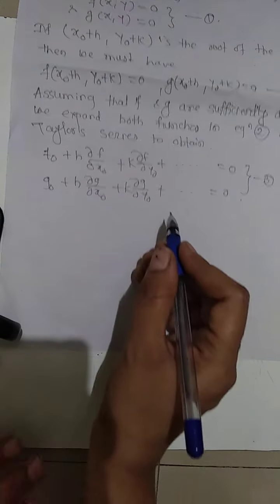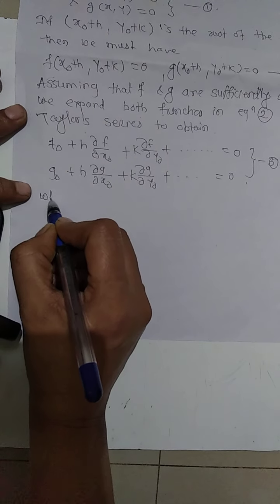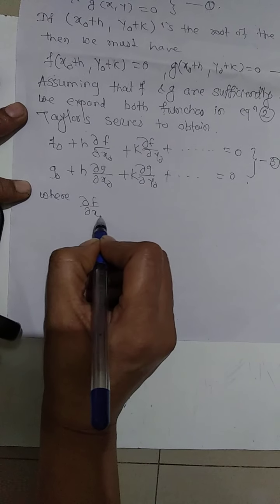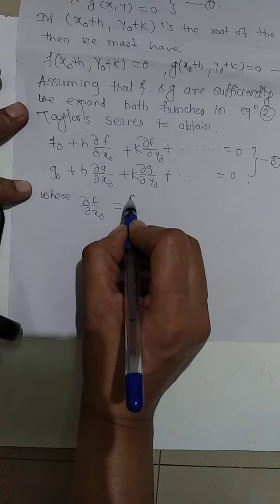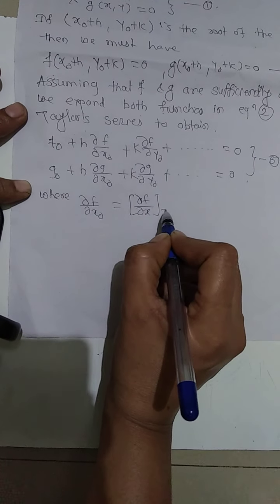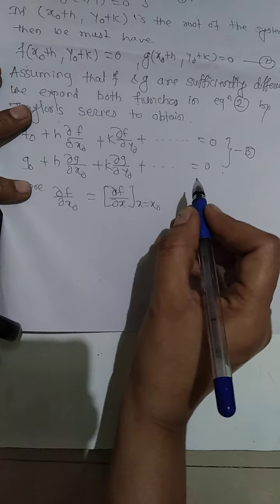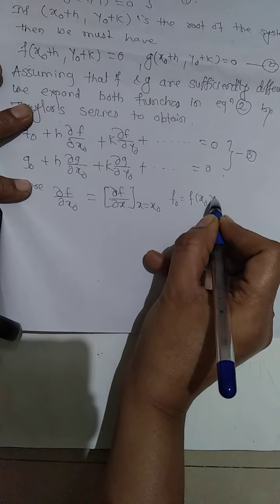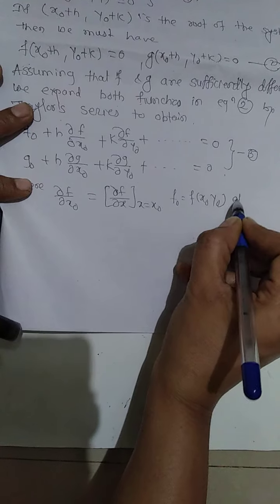Where del f upon del x0 is equal to del f upon del x at x is equal to x0 and f0 is equal to f of x0, y0, etc.